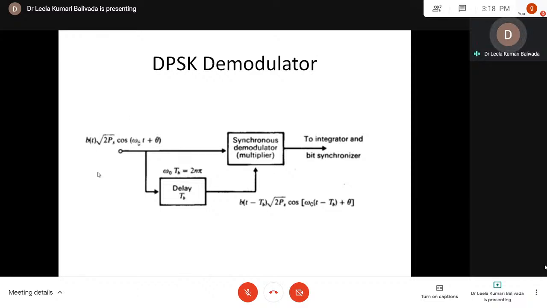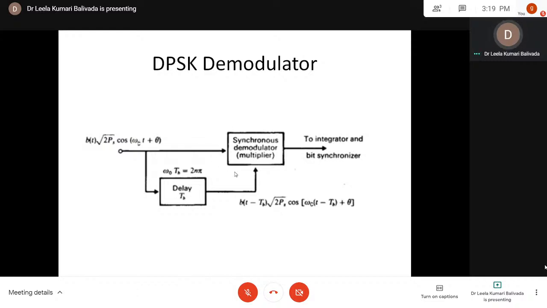So the received signal and the received signal delayed by the bit time tb are applied to the multiplier as its two inputs.